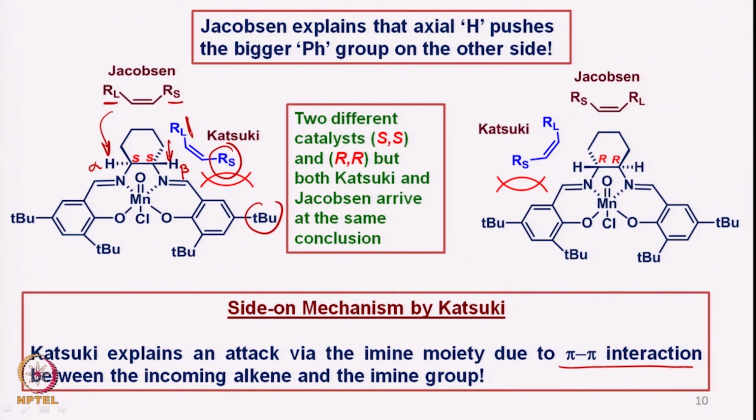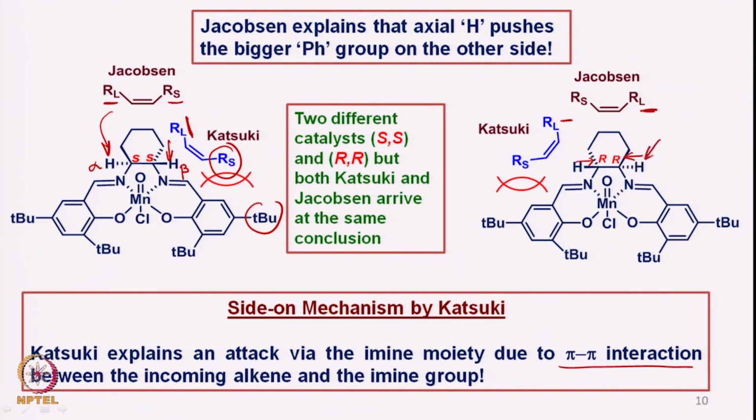It gives the same epoxidation, and as you can see, with SS this is the situation, and with RR complexes we see that the large group, in both the Jacobsen as well as the Katsuki case, avoids the hydrogen and orients to the right hand side.